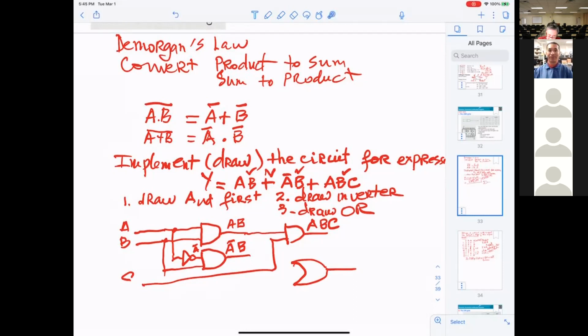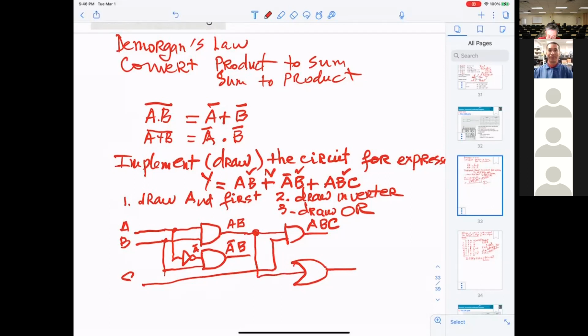Okay. You get the A and B right here, A and B, OR. Now I draw the OR, OR not A and B. So this is the OR gate. And then you can connect this one here, go to the OR gate.